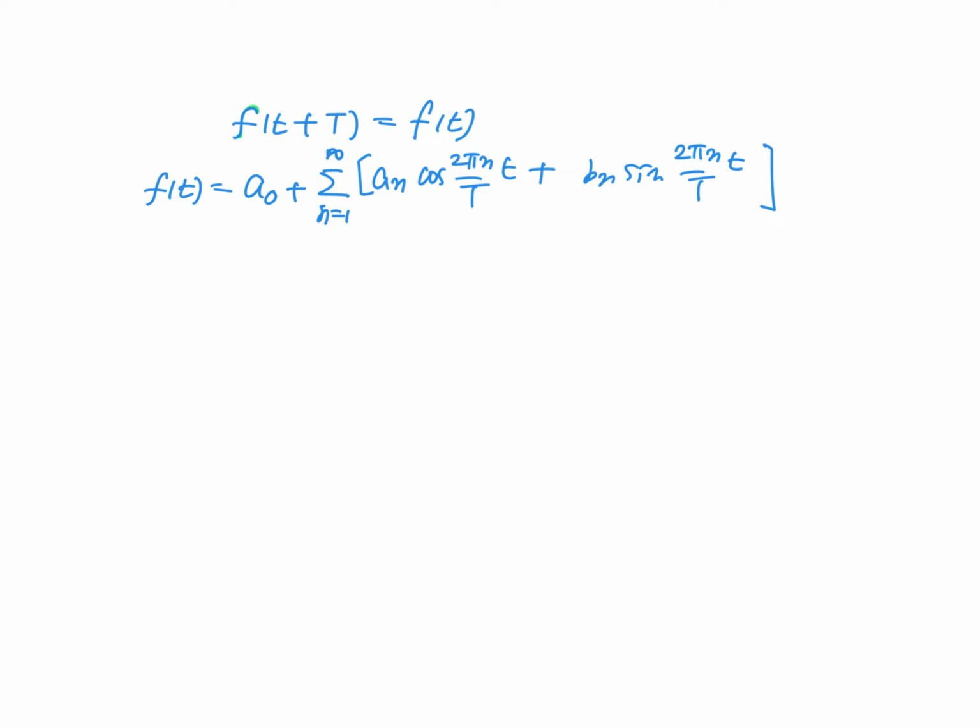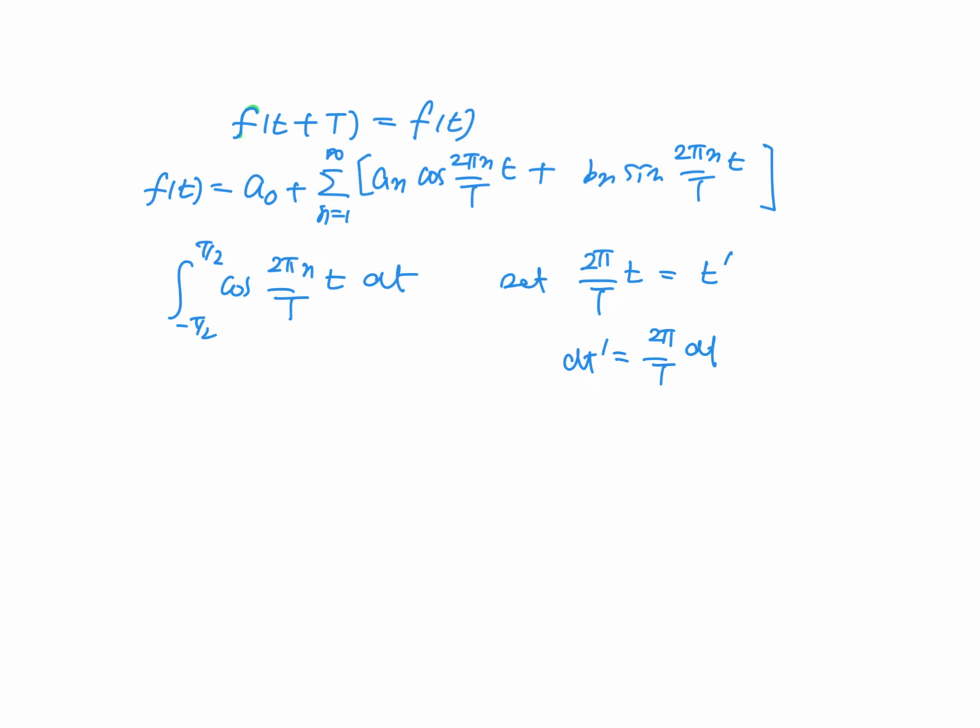Okay, let's try this. So set 2 pi t over T as t prime. Then dt prime is 2 pi over T dt, right?